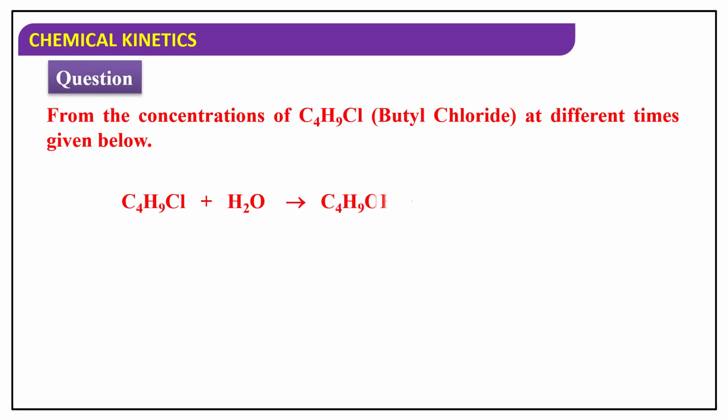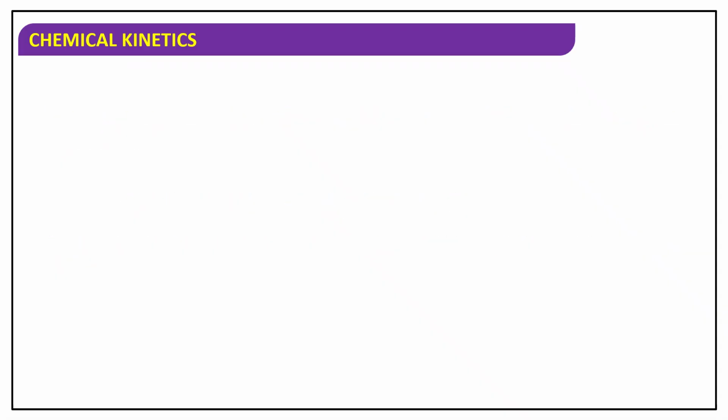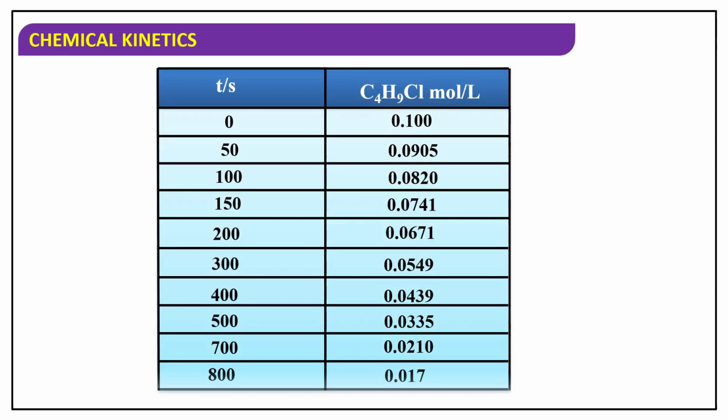Now next question is, from the concentration of C4H9Cl at different times given below, determine the instantaneous rate of reaction at 600 second. Again we have to remember this table, write down the table, and at the 600 second time point we have to find the instantaneous rate.